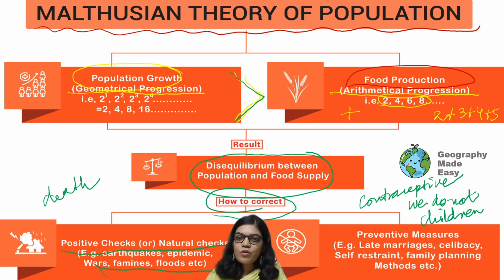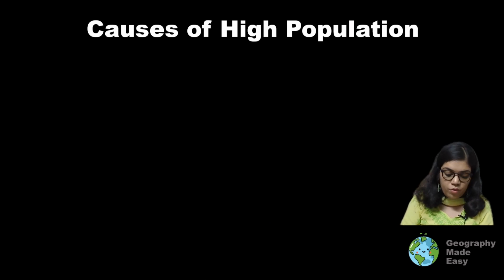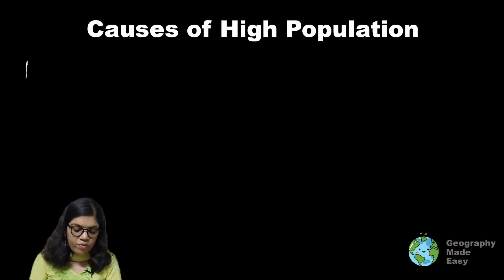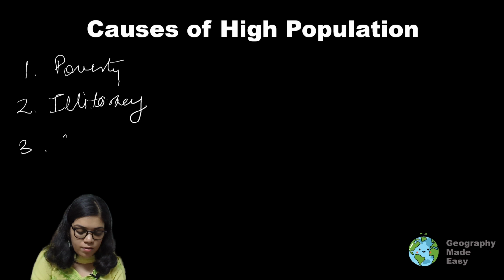Let us move on. I hope the growth theories are clear to you all. Now I will talk about the causes of high population growth. We will be discussing the causes of high population. The first one is poverty. The second one is illiteracy.